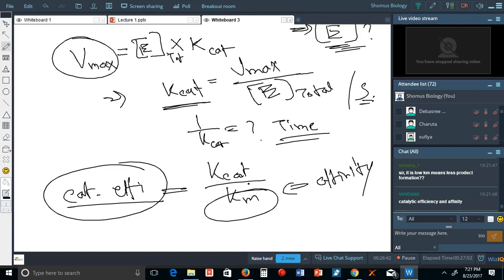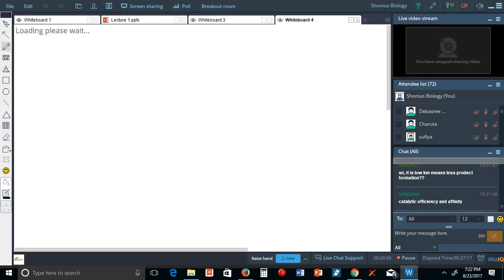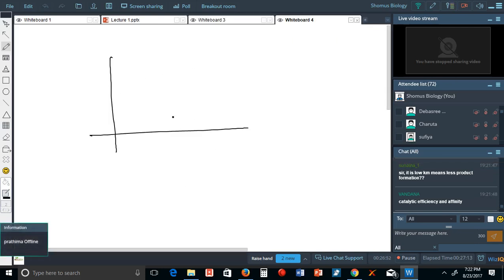The term affinity I told later. First I told you what is Km in terms of a real example. If I show you a graph, let's assume, you started with this reaction.